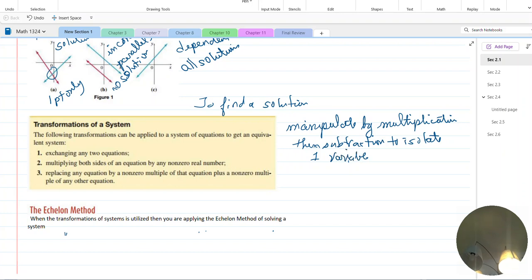And the steps are as follows. Interchanging any two equations. That means that we can move the order. Multiplying both sides of the equation by a non-zero real number. That means adjustments to allow subtraction.